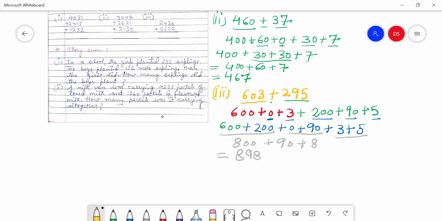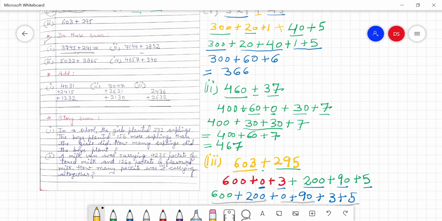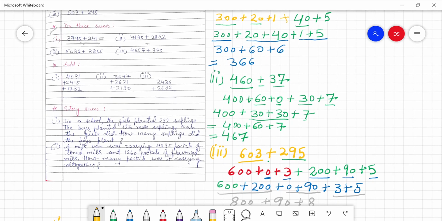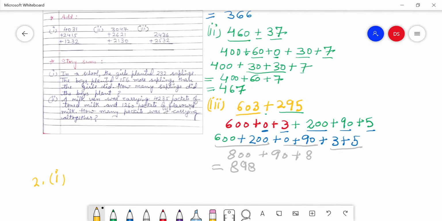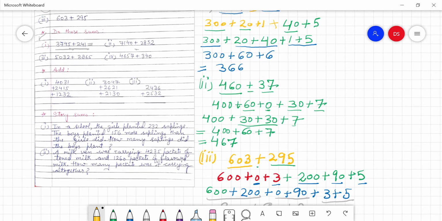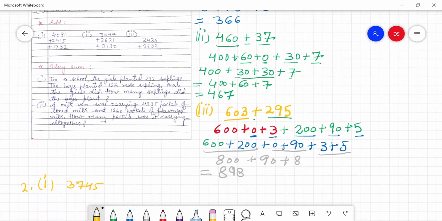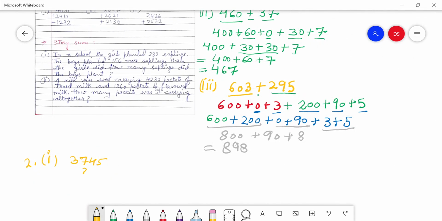Again, first part of second question. 3745. We have to add 3-digit number with it, that is 241. So we will write 241 like this by putting the alignment from the right side, as this is ones, tens, hundreds and thousands.